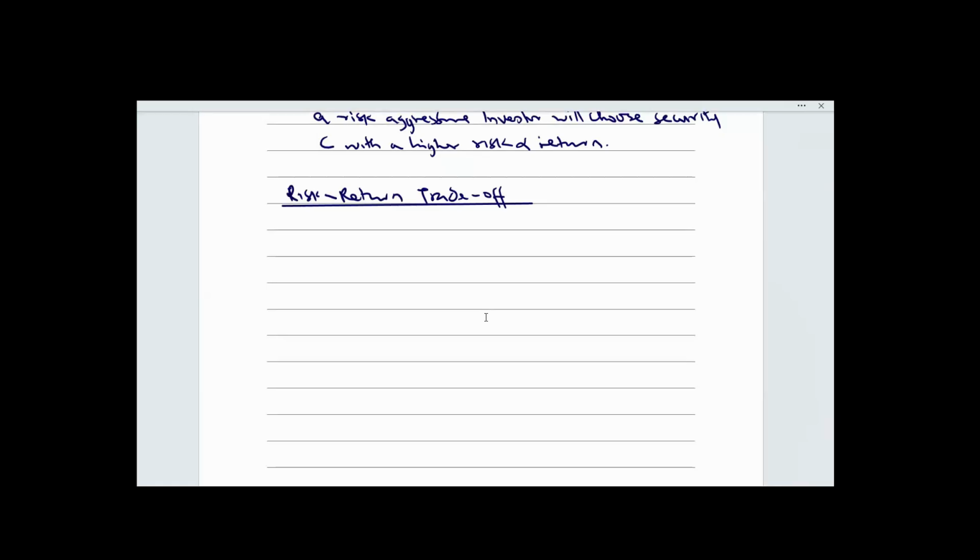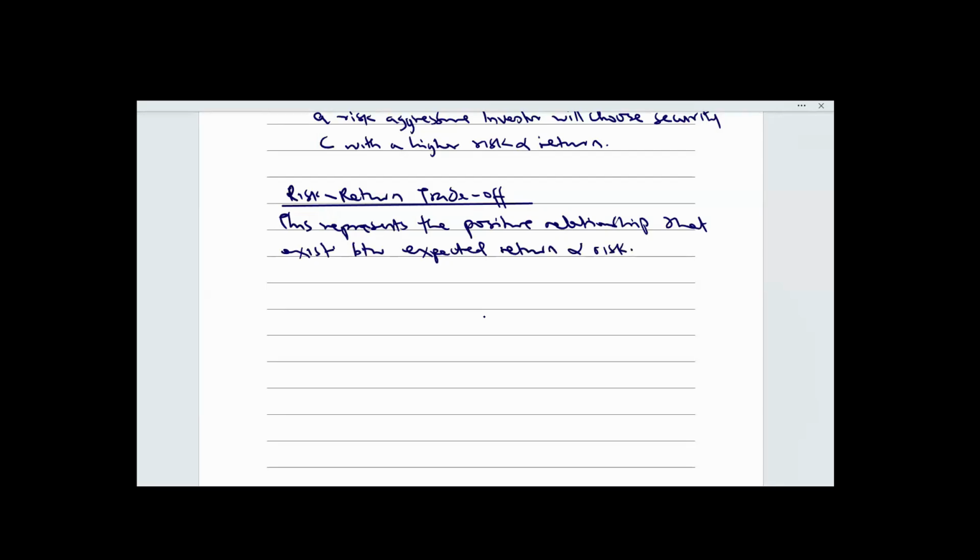This represents the positive relationship that exists between expected return and risk.